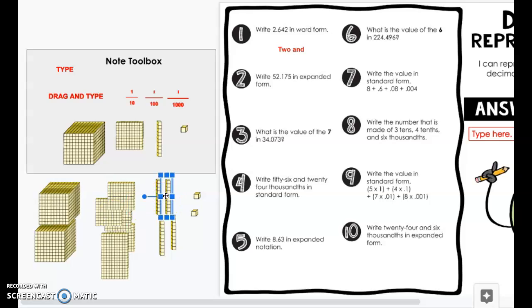Each of these hundredths has 10 thousandths. So if we were to break up all of these blocks, we would end up with 642 thousandths, because all of the blocks can be broken into thousandths.